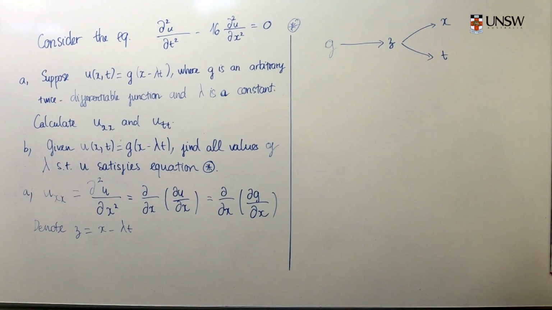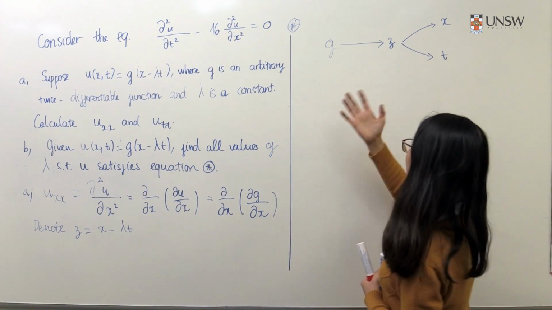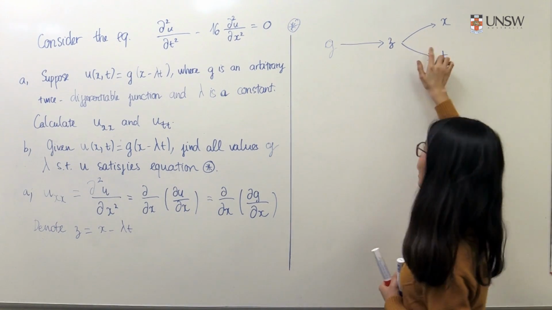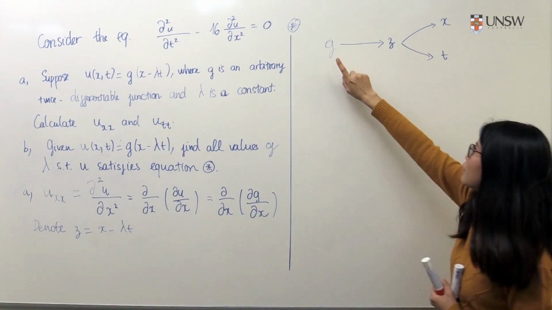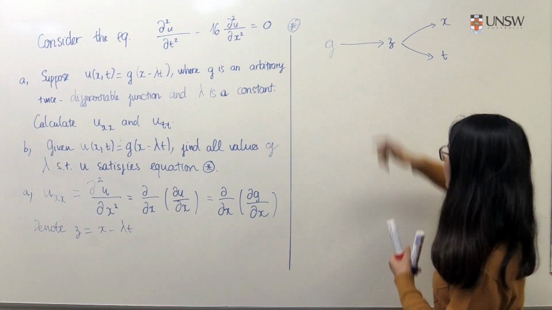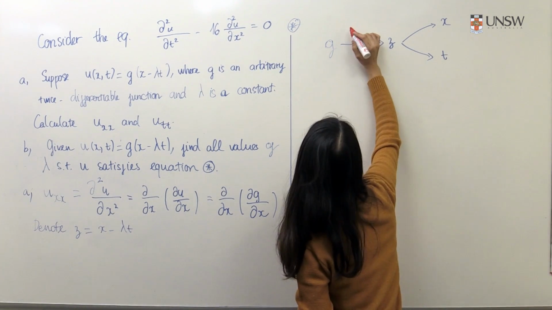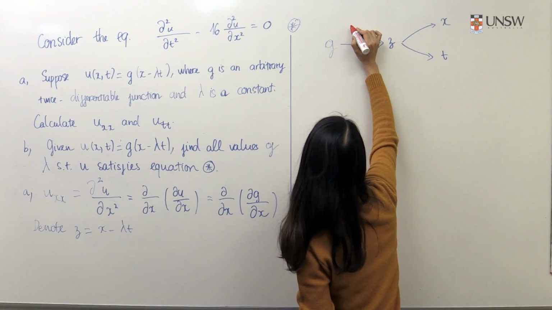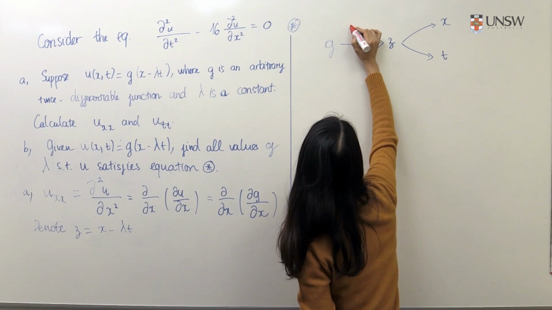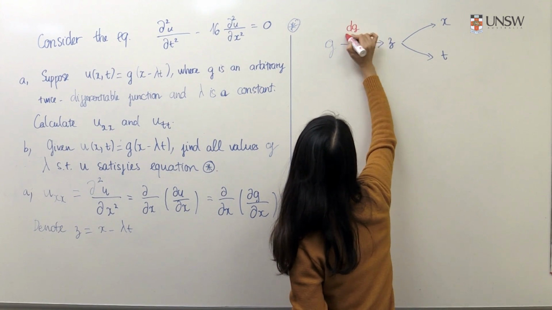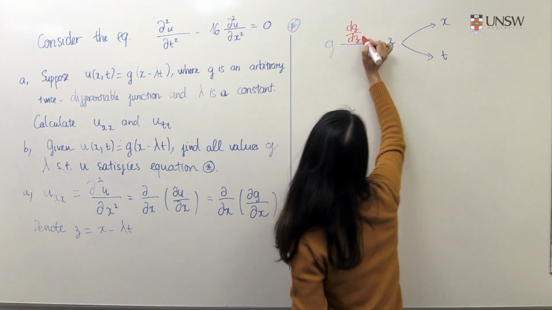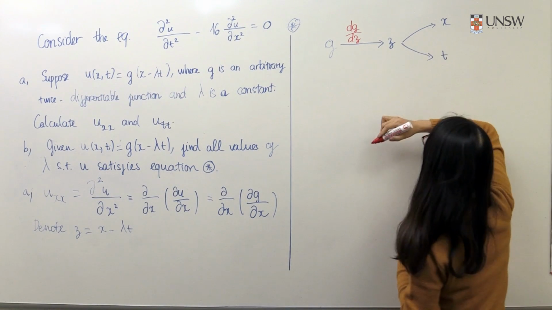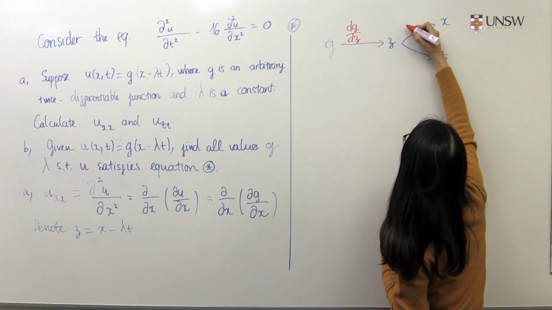So to use the chain rule, we need to find the derivative with respect to all the legs here. So for the leg from g to z, we have the derivative of g with respect to z. So we got dg over dz. For this leg, we have the partial derivative of z with respect to x.